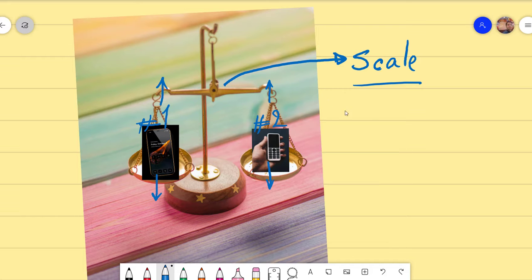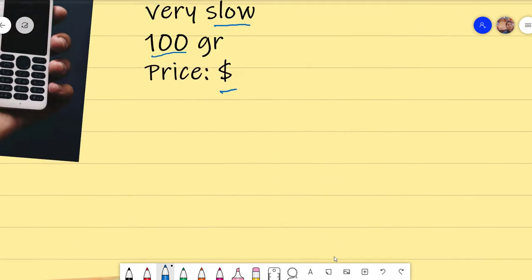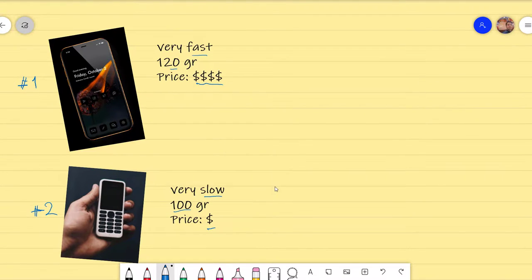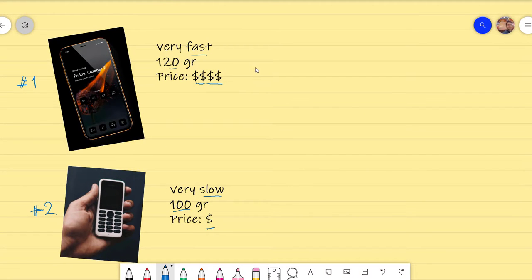So the first thing that I want to do is about the first item. Right here I have this one and I have this one. So this one is very fast, this one is very slow.